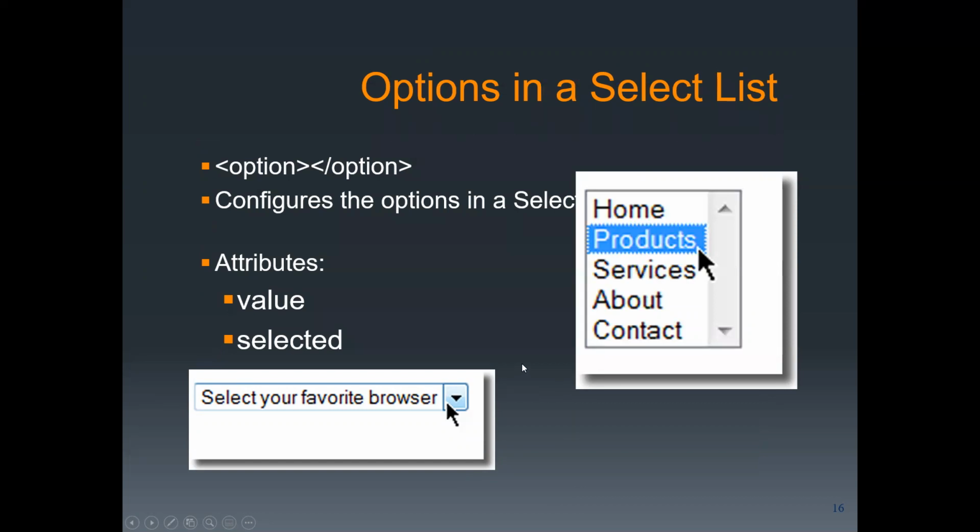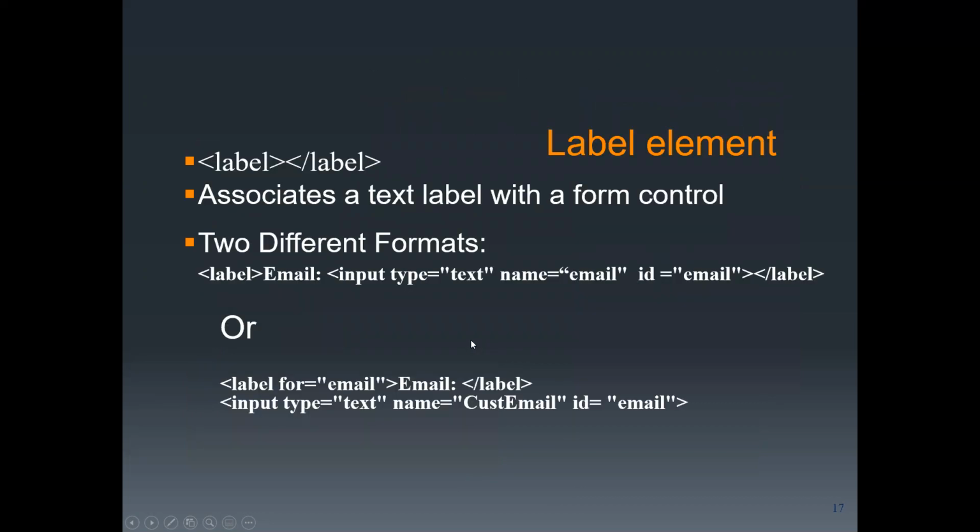Okay. So next we have label. Ito yung ginawa natin kanina. So we put label or like this, pwede. Meron tayong label elements. Associate a text label with a form control.